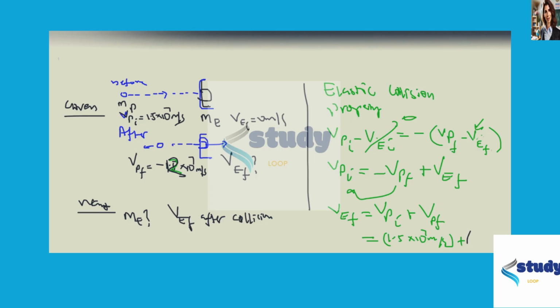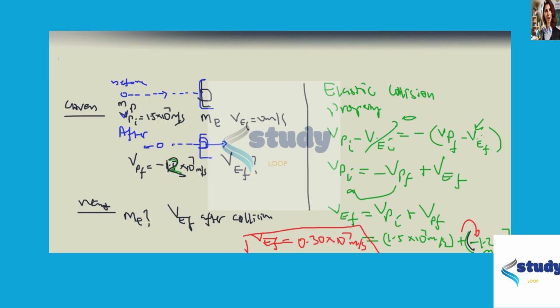And so this will be negative 1.2 times 10 to the 7 meters per second. So we finally have the final velocity of the element, which, if we subtract those two, because this is a minus, is 0.30 times 10 to the 7 meters per second.